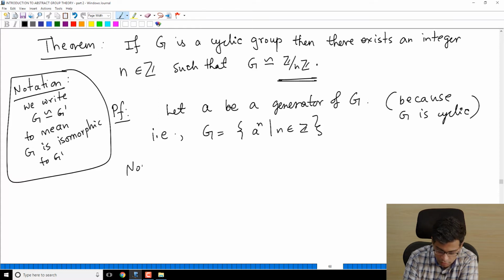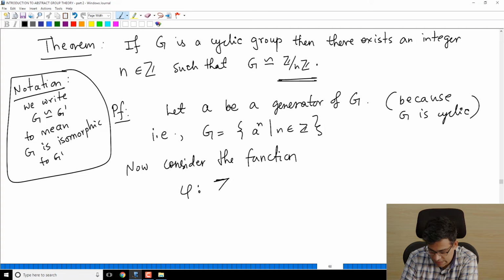Now consider the function phi from Z to G. What is this function?